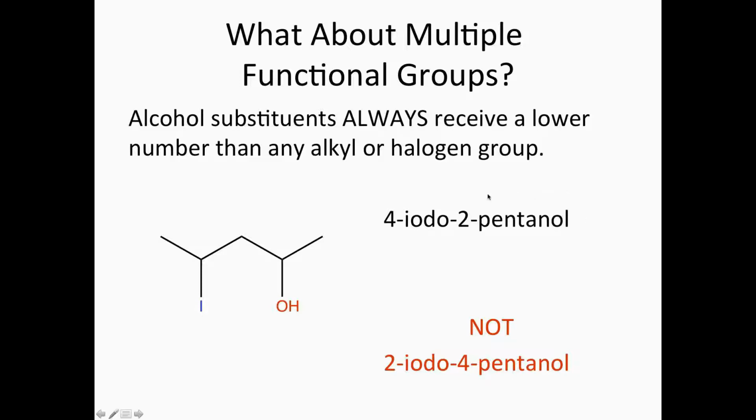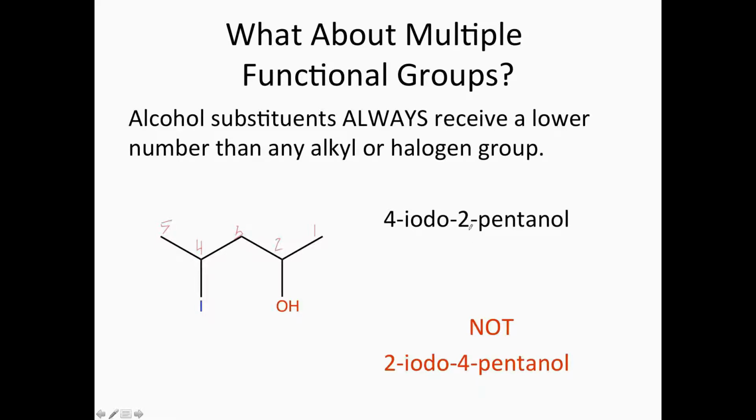So if we look at this example here, you'll see that again we have a pentane, 1, 2, 3, 4, 5. But for this compound, we're going to number it from the right for our locants because the alcohol group is closest to the right terminus of the chain. So this compound becomes 4-iodo-2-pentanol, not 2-iodo-4-pentanol, because in the bottom, this name would be giving the higher number to the alcohol.